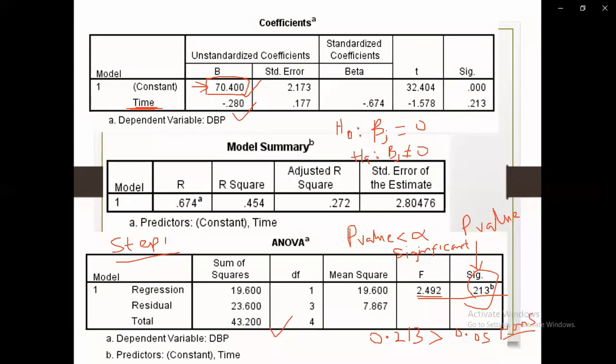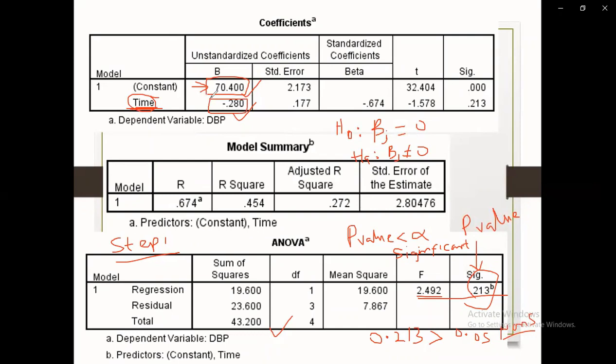We all know that in this case, with bj, we only have one predictor. So we are just testing if the coefficient on the beta is significantly different from 0.